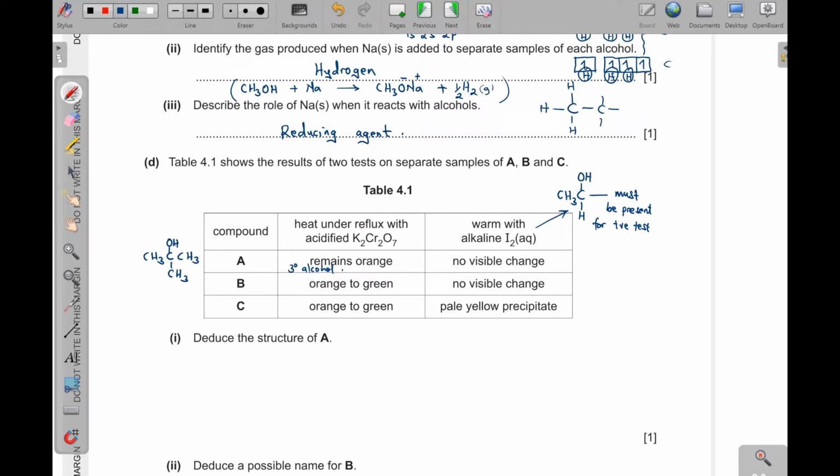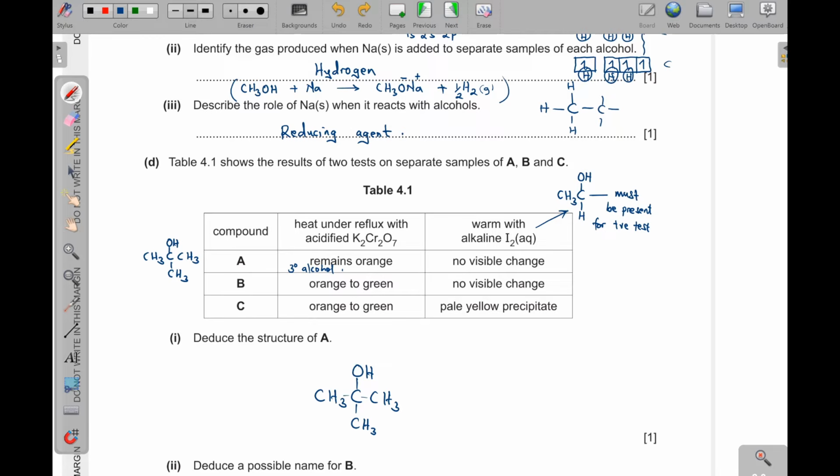Are we there? So actually that is my structure. So I can say this is CH3, COH, then CH3, and then down here I can have my CH3. So just like that. And then when we look at B, orange to green, that means we can have a secondary alcohol.